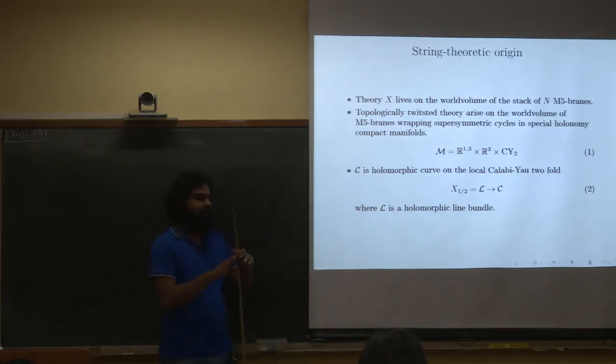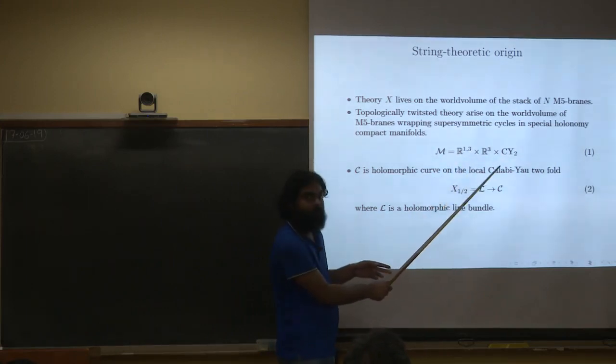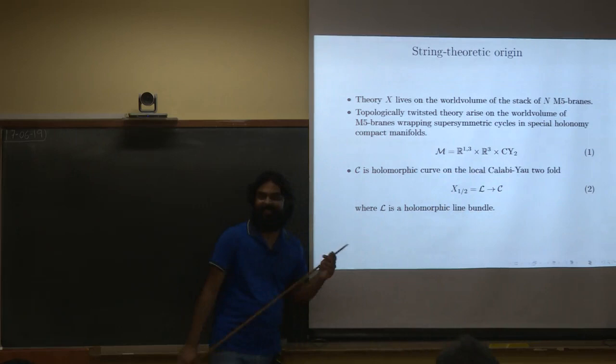Essentially, all these geometrical things come from the fact that some holomorphic two form must vanish in order for supersymmetry to be preserved. So this is the M-theory background, the 11 dimensional supergravity background.